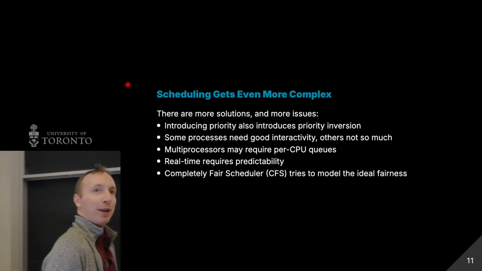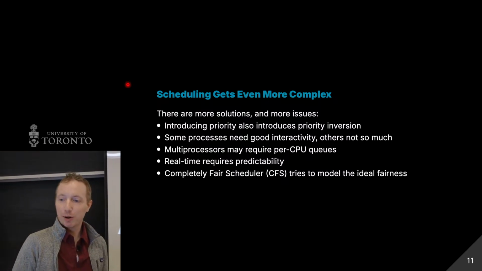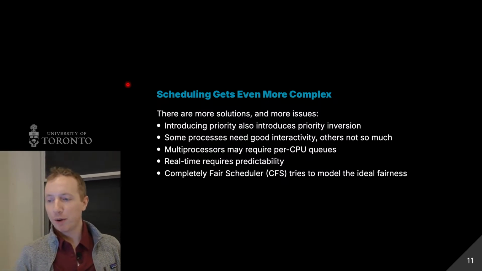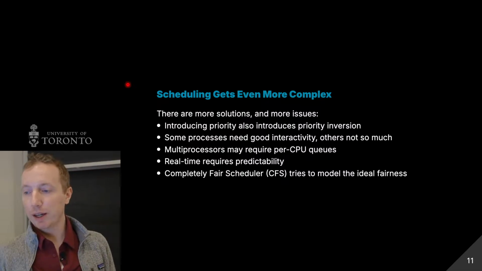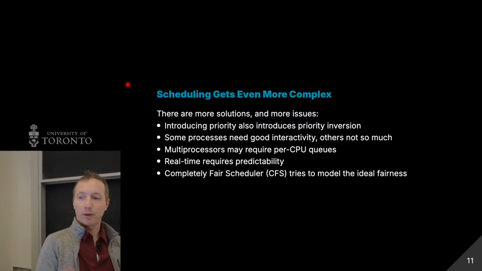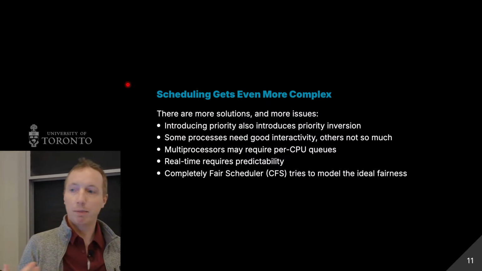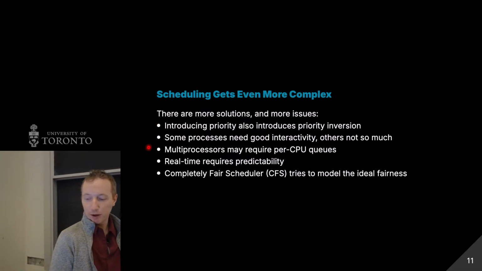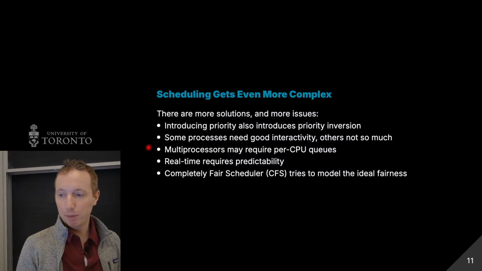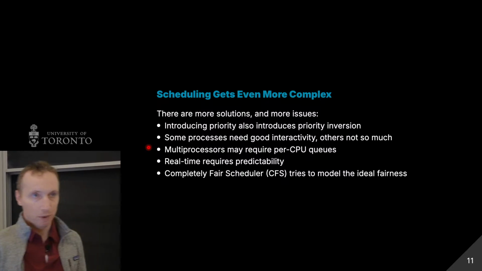Then we got to scheduling, and it got even more complex. We introduced priority, priority inversion, and talked about things more generally. Some processes need good interactivity. Others, maybe you don't care. Maybe you only care about throughput. Then we got into complications: multiprocessors may require per-CPU queues, and what real time is.